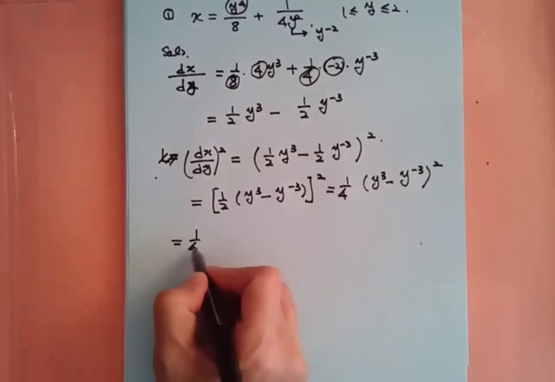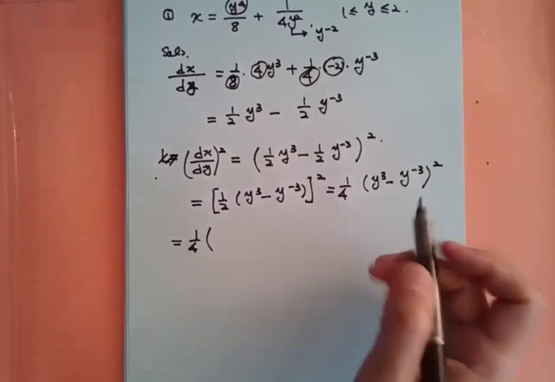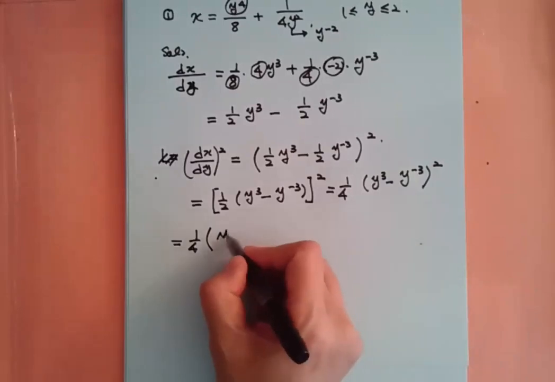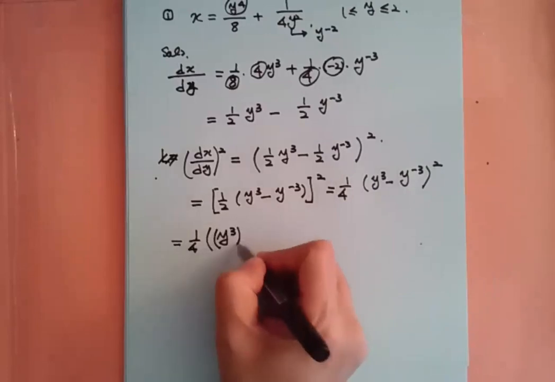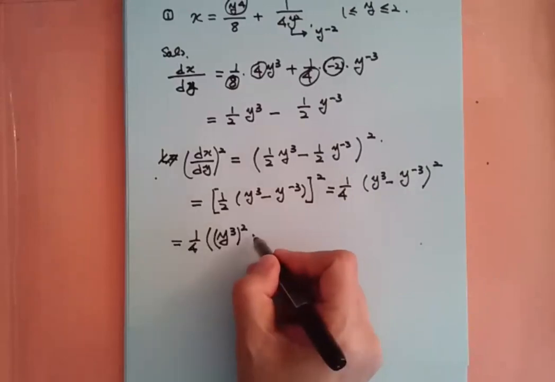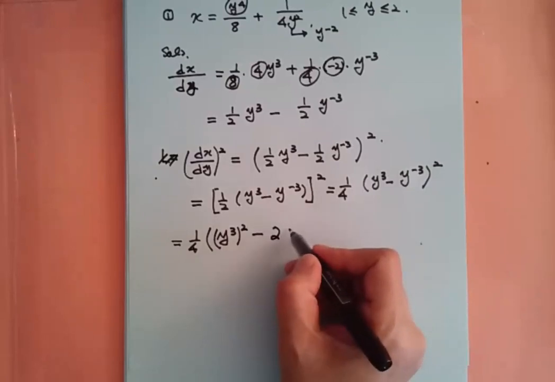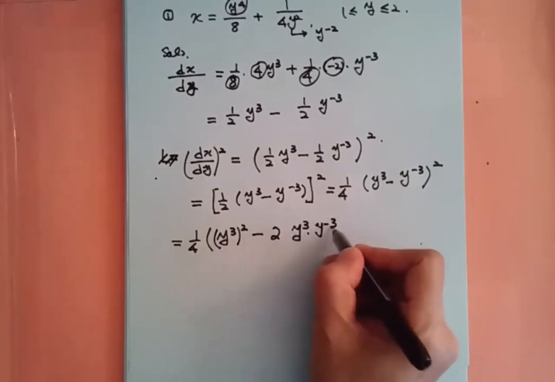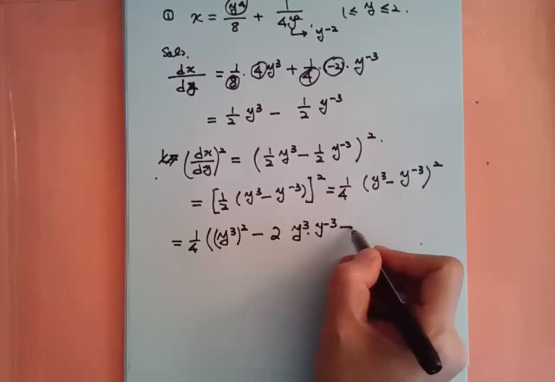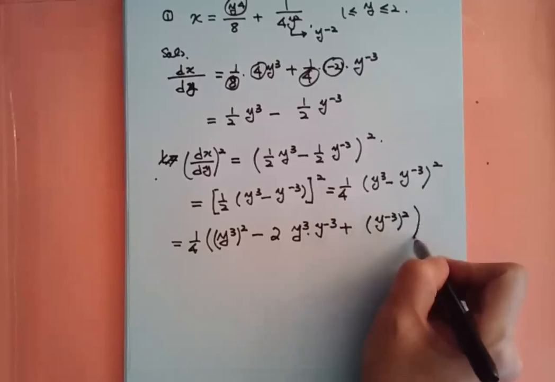So that is 1 over 4. And then the formula goes: y to the, let's just write y to the sixth, minus 2 times the first one times the second one, so y cubed times y to the minus 3 power, plus y to the minus 3 power squared.